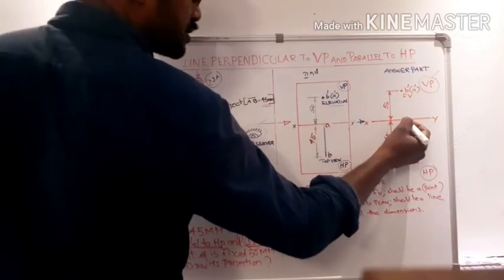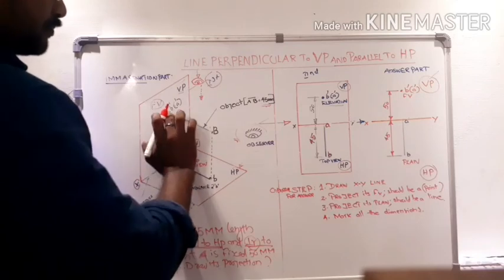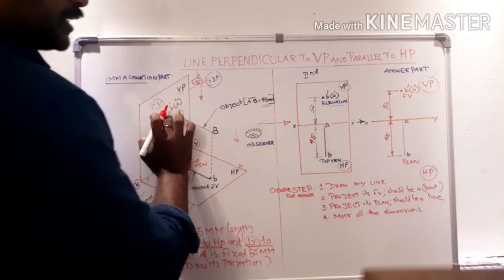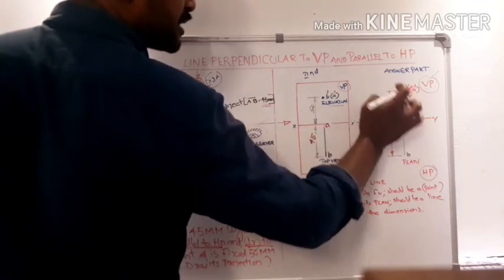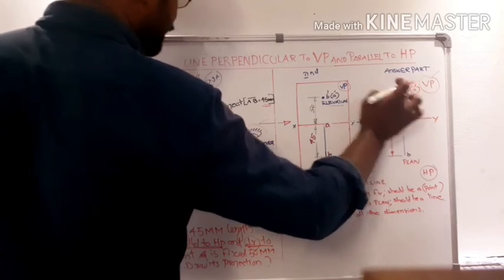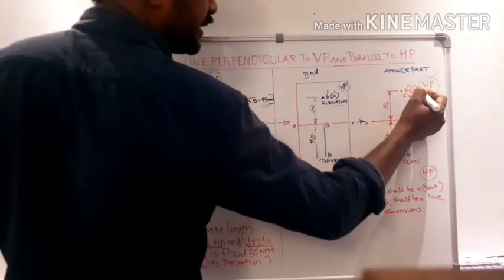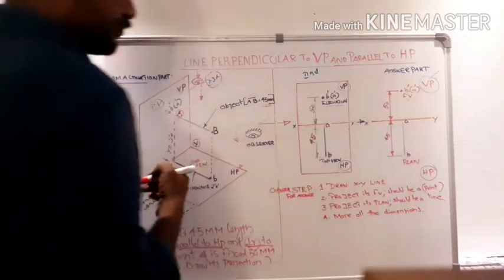Now draw its front view keeping this 50 mm height from the reference line. We put a point here. Similarly, keeping 50 mm distance, we put a point here. That point is marked as b dash within bracket a dash. So this is our front view.